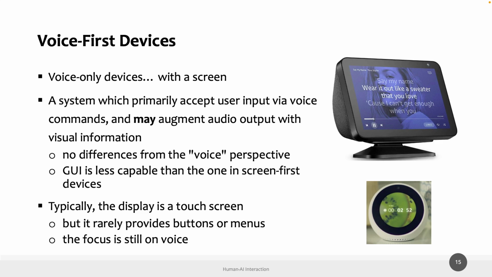The screen may, in some cases, augment the output. So they rarely provide buttons or menus for input. It's just a way to overcome some limitations that voice-only devices have in communicating the responses.